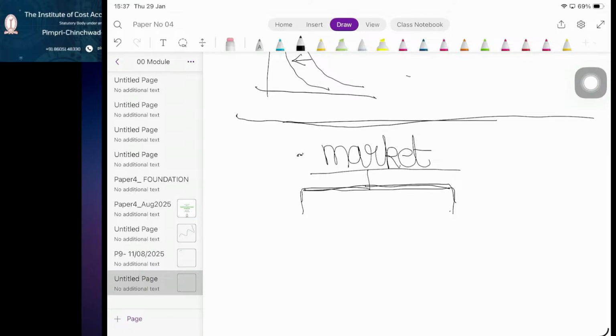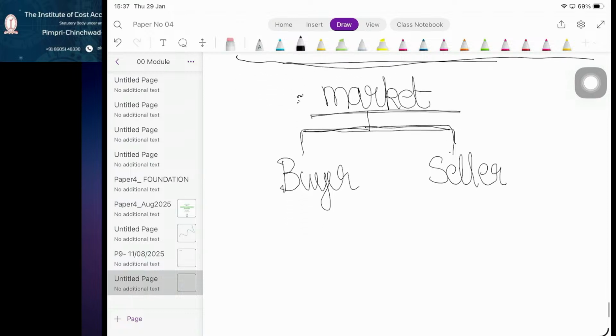Broadly everybody knows the meaning of market because you are all commerce students. Tell me the two sides to the market. Yes, there is always a buyer and there will always be a seller. We have just seen that the demand for goods comes from buyers.